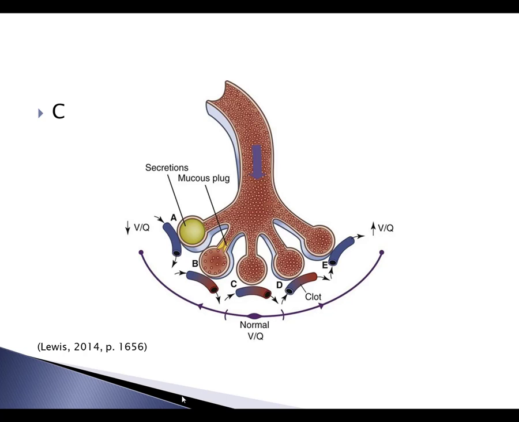And lastly, E is dead space, no perfusion, meaning that there's a clot or something. So you can see the lung is breathing in the oxygen as it should, but there's no blood flow in the vessel there, and so the patient is not exchanging carbon dioxide and oxygen.